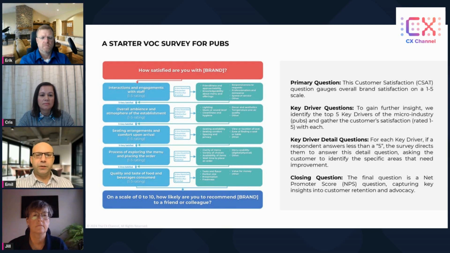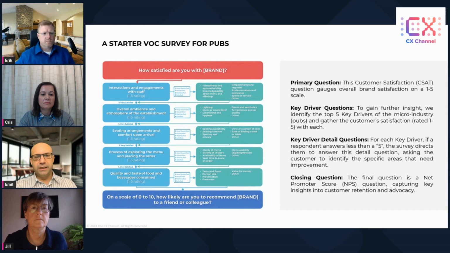Then this question is followed up by 5 key driver questions. First one is interactions and engagements with staff, then overall ambience and atmosphere of the establishment. The third key driver question is seating arrangements and comfort upon arrival. Then process of exploring the menu and placing the order.